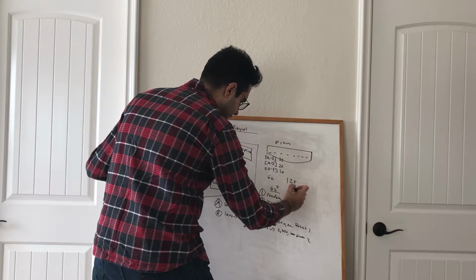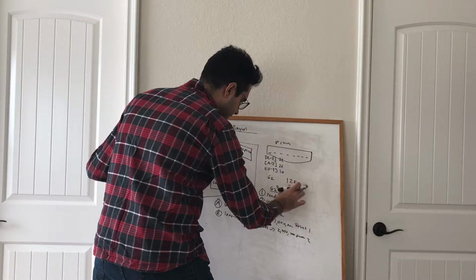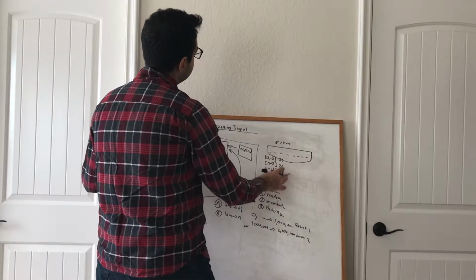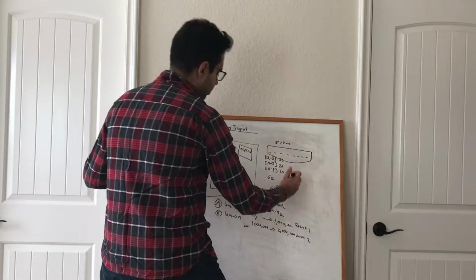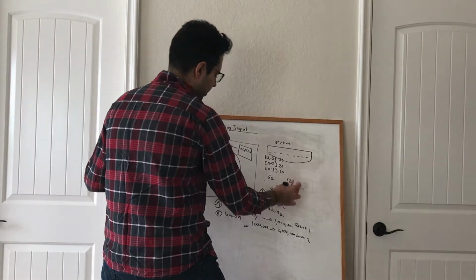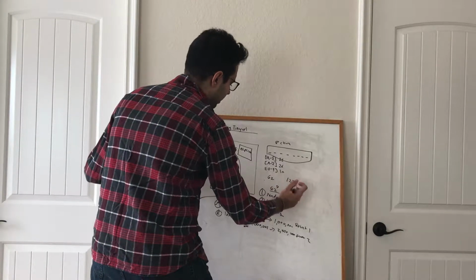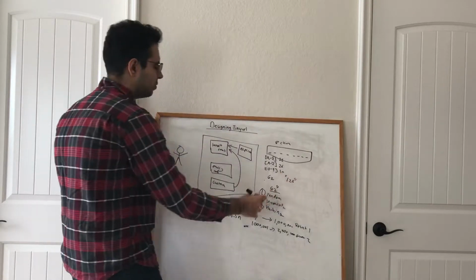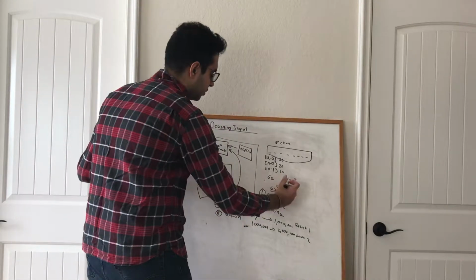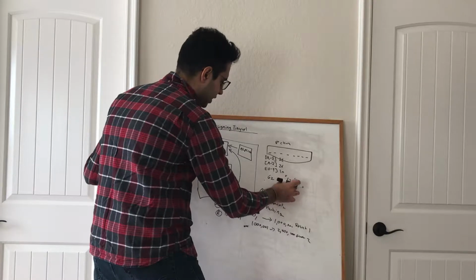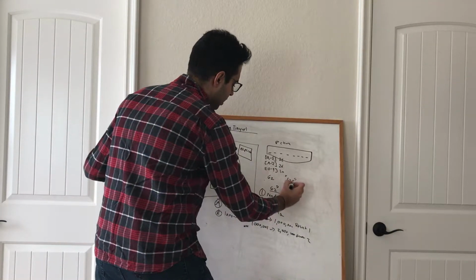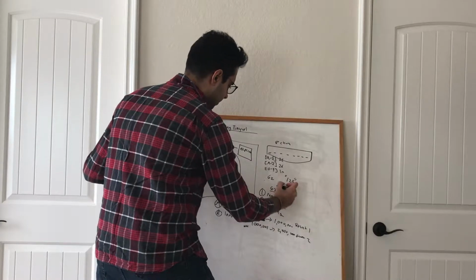If you're given this as a string and you want to create the number 125, what we do is take the modulo 10, because we're in base 10, so we get this digit, which would be 5.